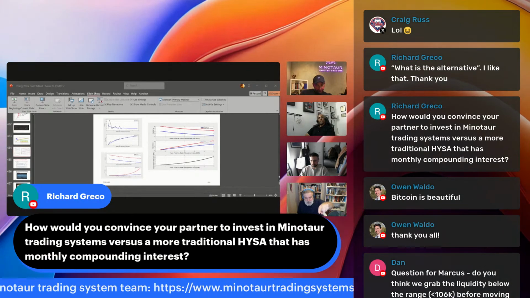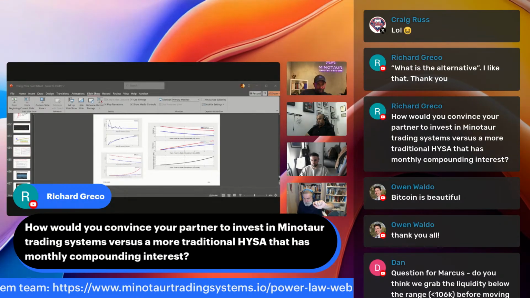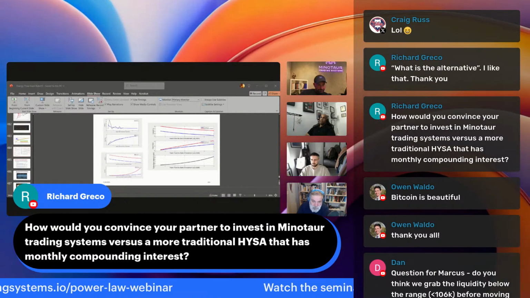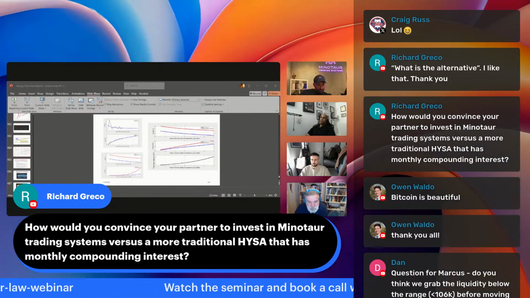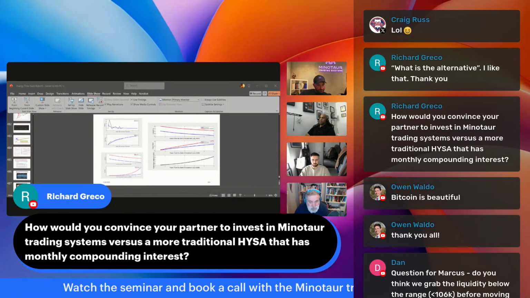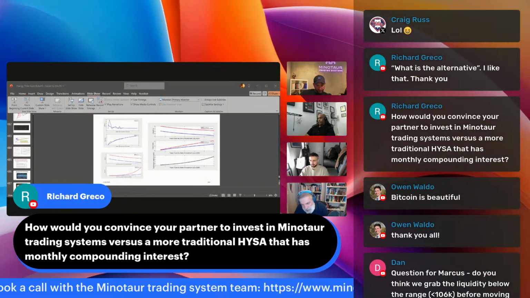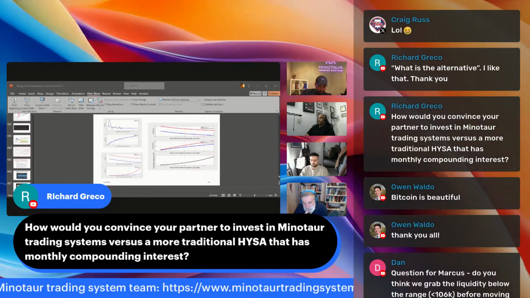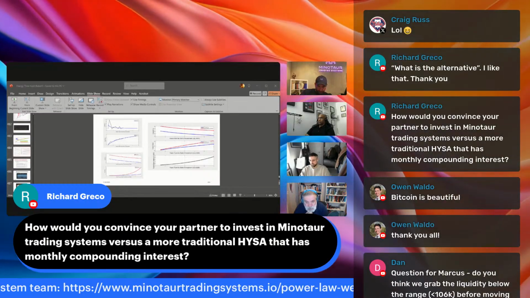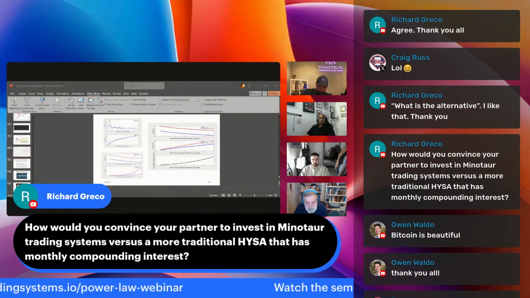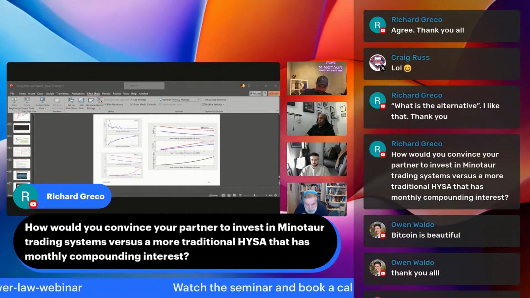If you look at these return charts, 10 years ago, it was obvious that Bitcoin was doing much better than it's doing now, right? And these returns are going to diminish. It's going to flatten out, but they are going to diminish. So it's also a question of focusing on one goal, having the discipline, and doing it as soon as possible.